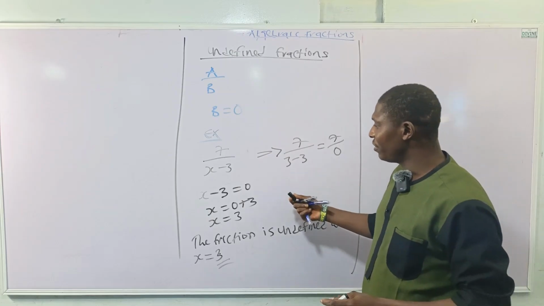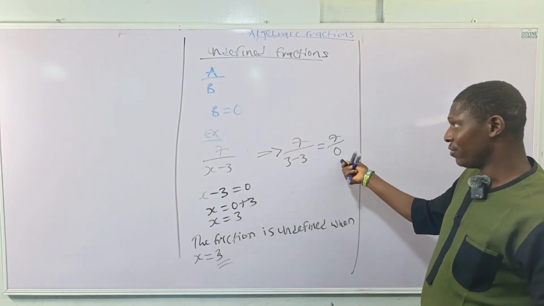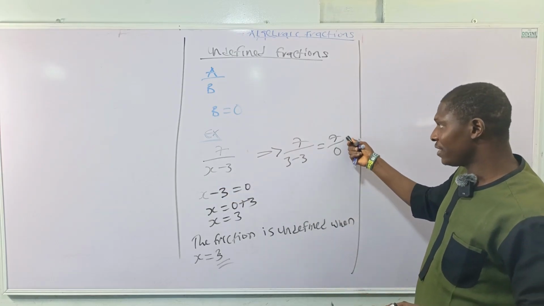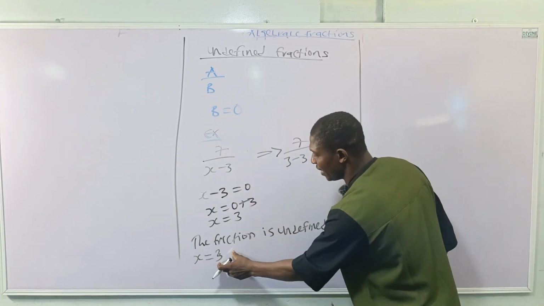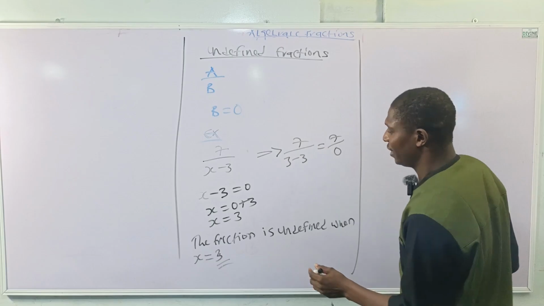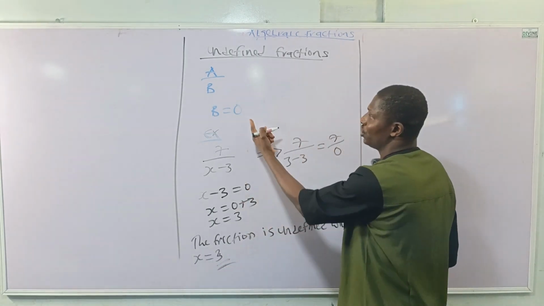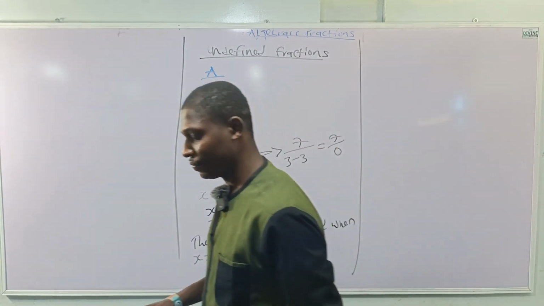Since x equals 3 makes the denominator equal to 0, this makes the fraction undefined. The fraction is undefined when x is equal to 3, and this is our solution to this question.